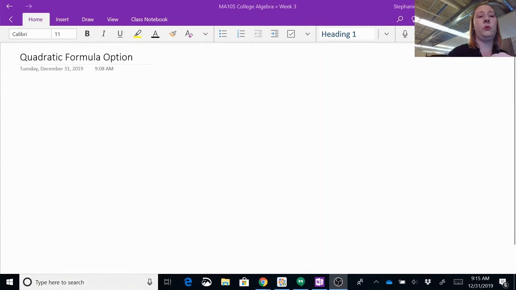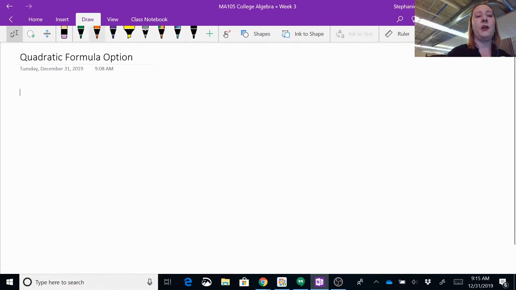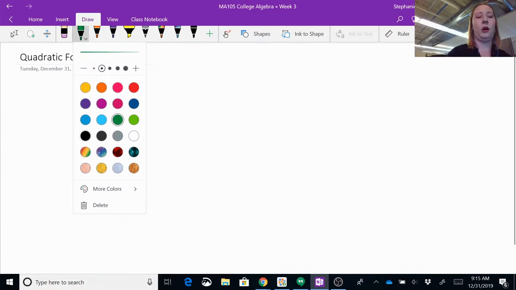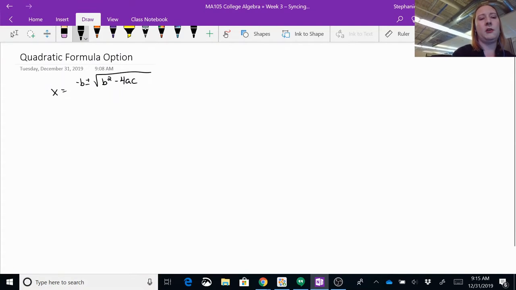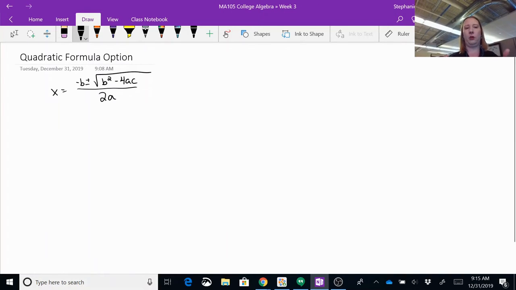Let's start with the quadratic formula, because that's the basis for this whole thing. The quadratic formula is x equals negative b plus or minus the square root of b squared minus 4ac, all over 2a. We can split the quadratic formula into two sections, so I can rewrite this as negative b over 2a, which you may recognize.